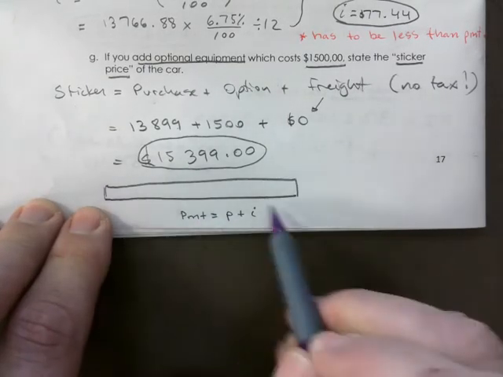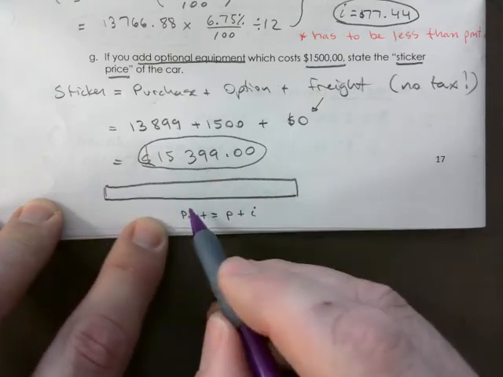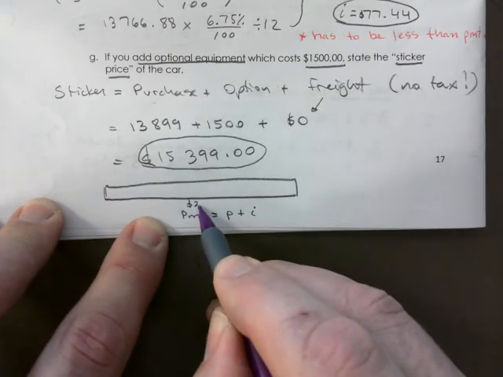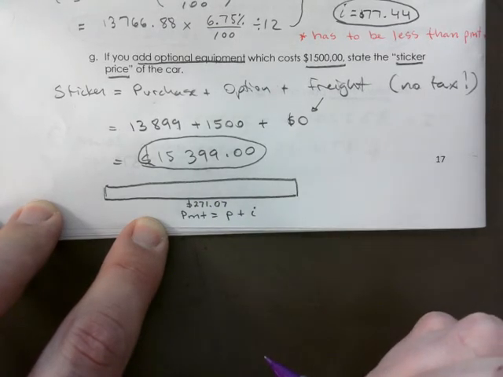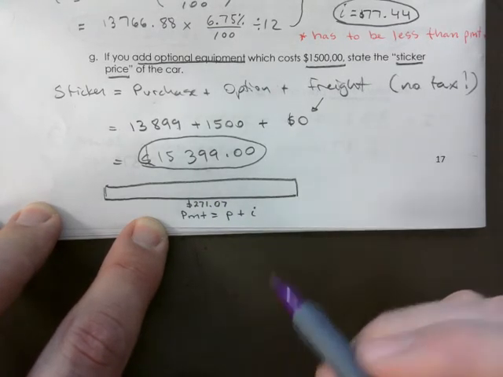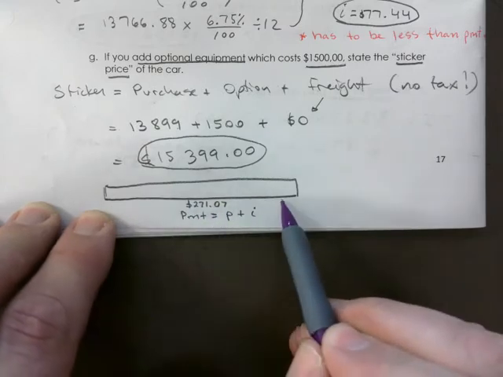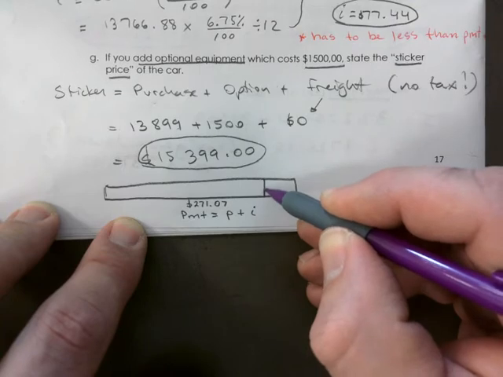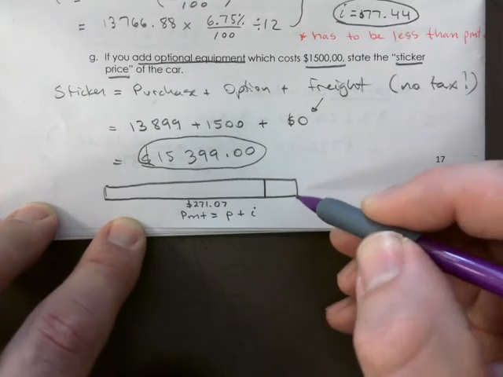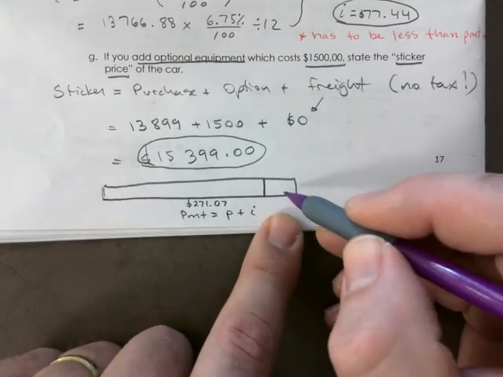This whole bar is 271.07. So put down 271.07. How much of this bar is taken away on the first payment? It's about this much, right? About 70 bucks is taken off.